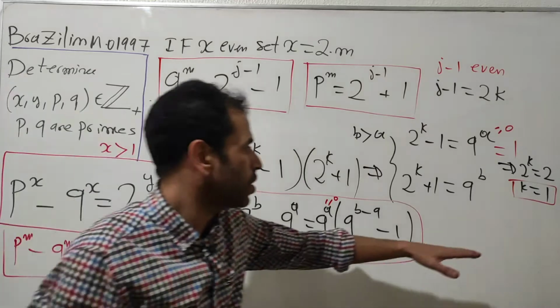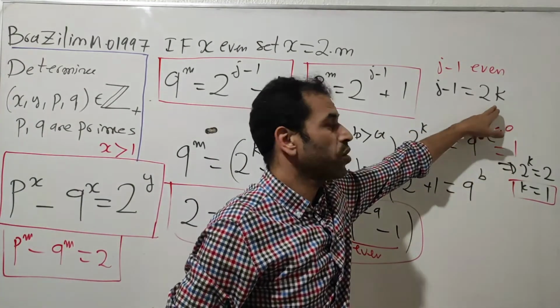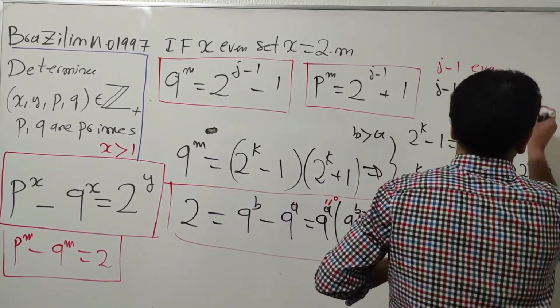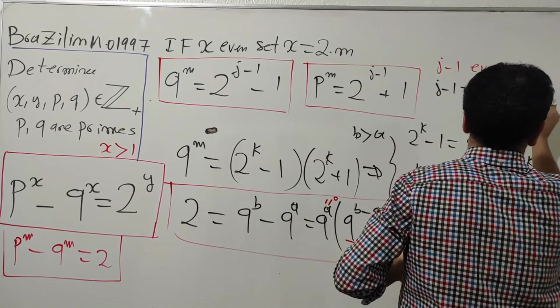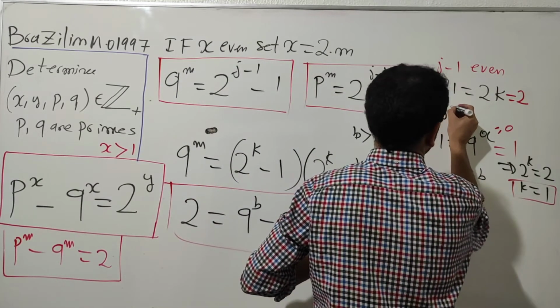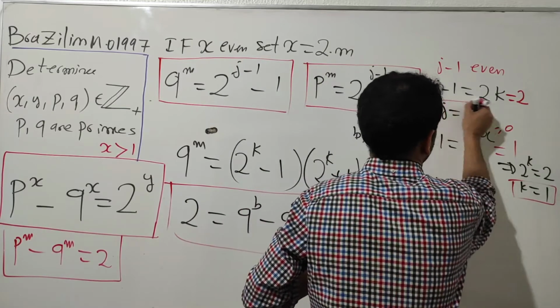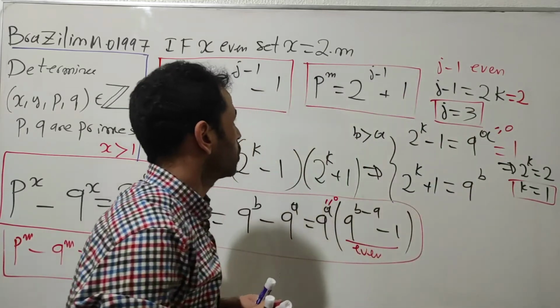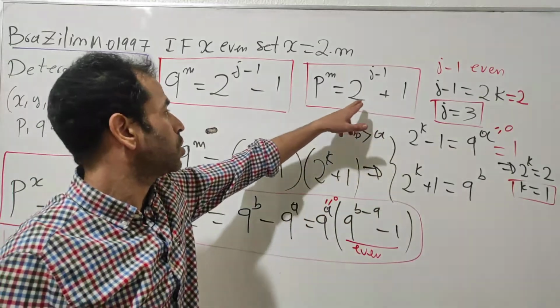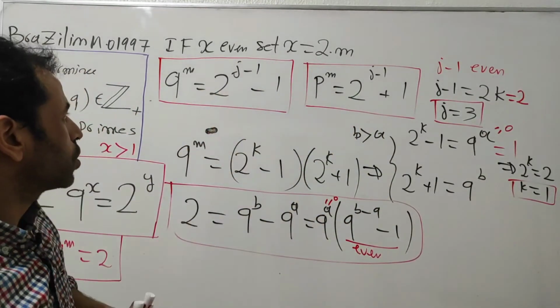Then take this advantage of k equals 1 and insert it back into this one, because I get the value of k, which means g minus 1 equals 2. If g minus 1 equals 2, then g equals 3, after we take minus 1 to the right side. If g equals 3, we are going to insert it in either equation to find p and q. So let's do that.